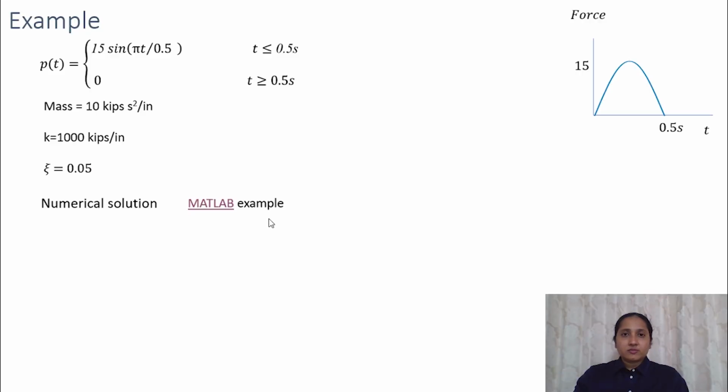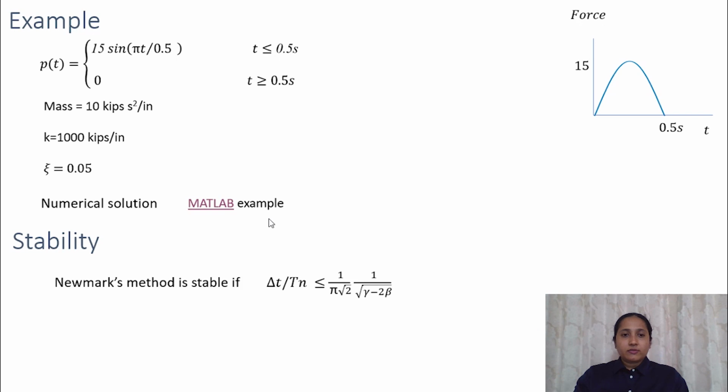So Newmark's method is stable when delta t by Tn, that is the time step divided by the natural period, is less than 1 by pi root 2 multiplied by 1 by square root of gamma minus 2 beta.